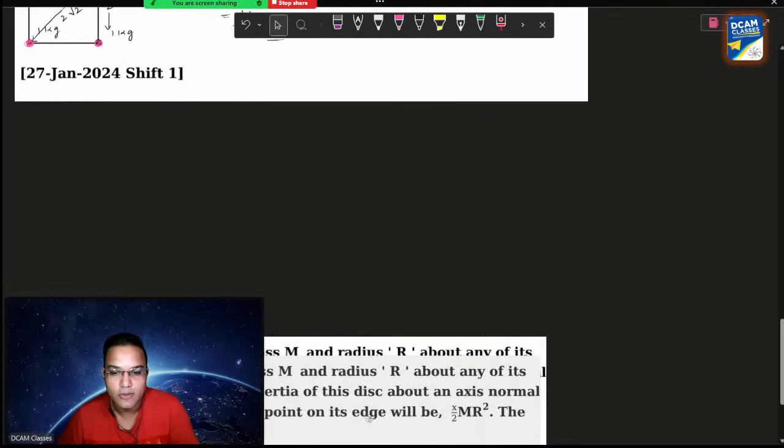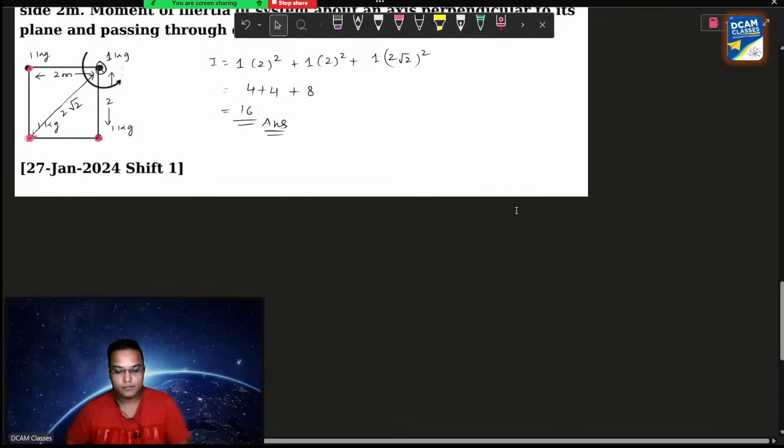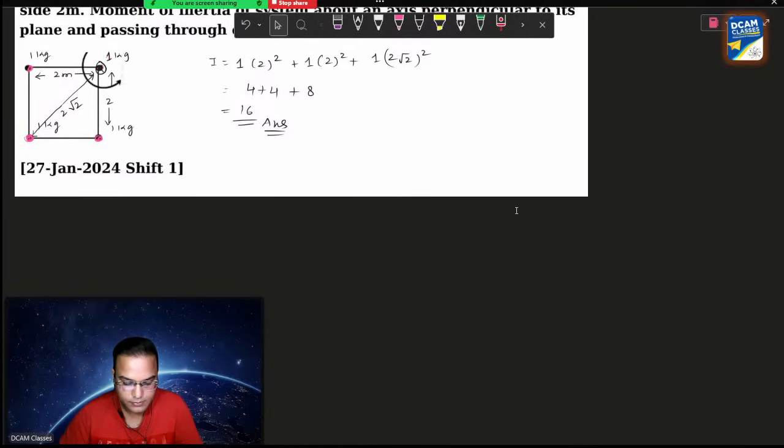This needed knowledge of the perpendicular axis theorem. You won't be able to solve it. Acha, let me give you one question. I'll give you the important result needed for this.